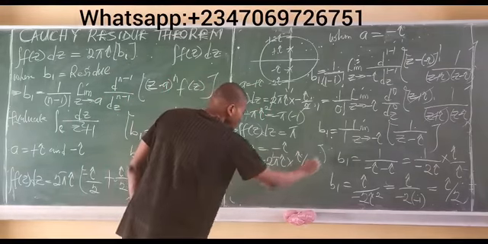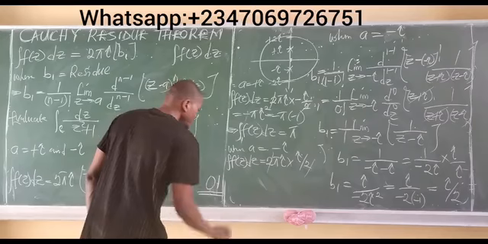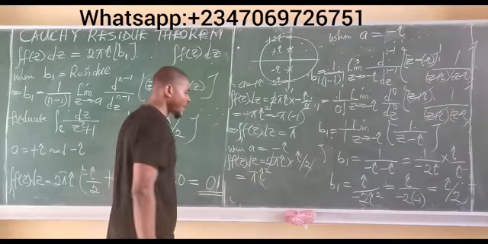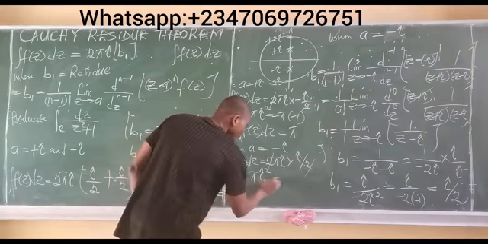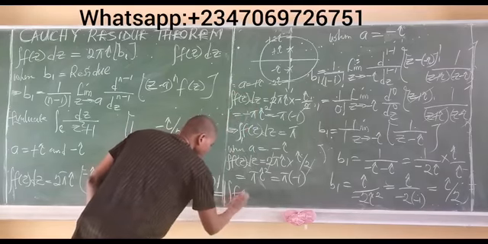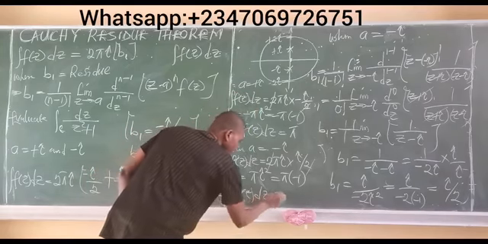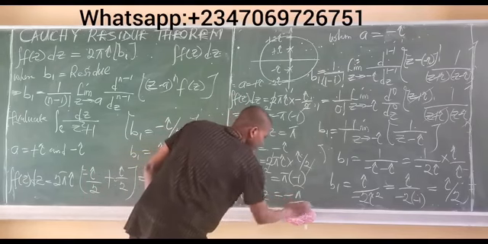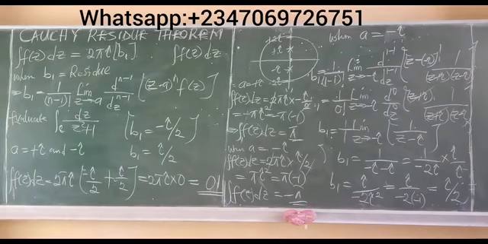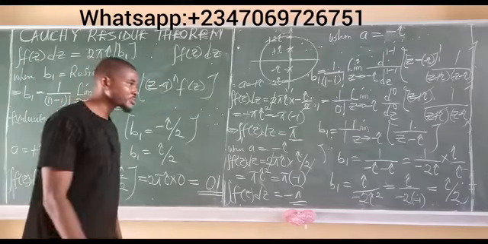Once again, 2 cancels 2, i times i is i squared, so you have this equal to pi i squared, and i squared is minus 1, so it is actually pi times minus 1. So the integral of the function f of z dz is equal to minus pi. So individually you have this, but cumulatively you have it equal to 0.